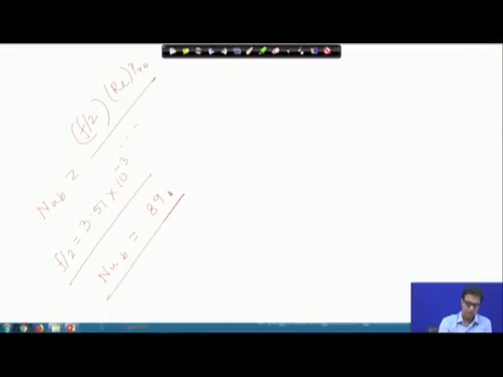Once we know the Nusselt number at the bulk mean temperature, now we have to find out the heat transfer coefficient for the annular space, that is h_0. For that, we need to depend on the equivalent diameter. Now, the role of equivalent diameter is coming into the picture.